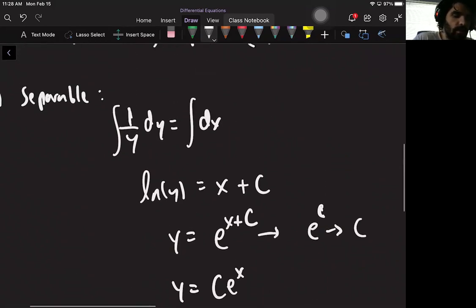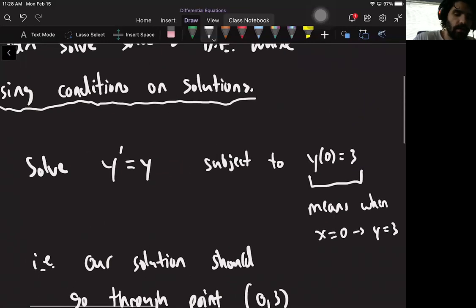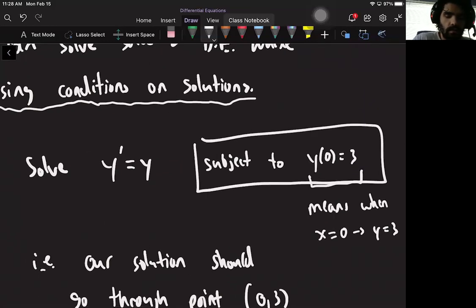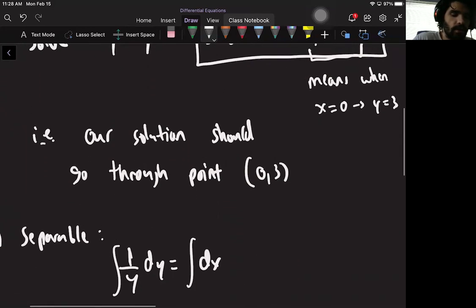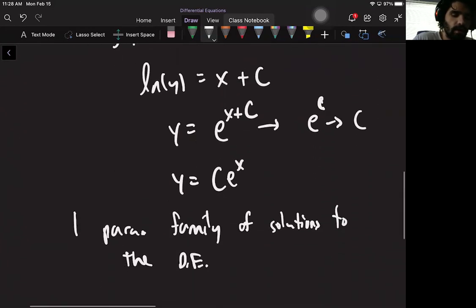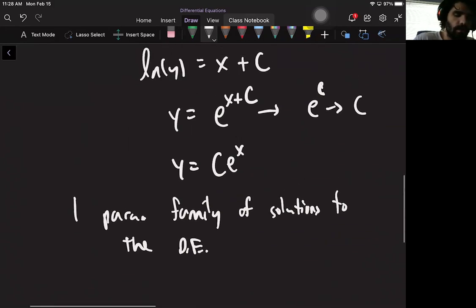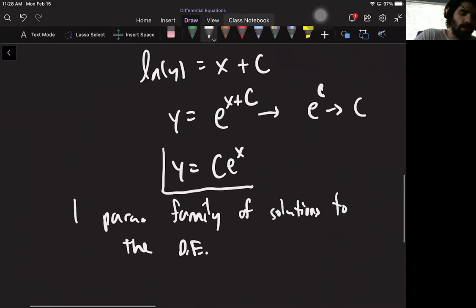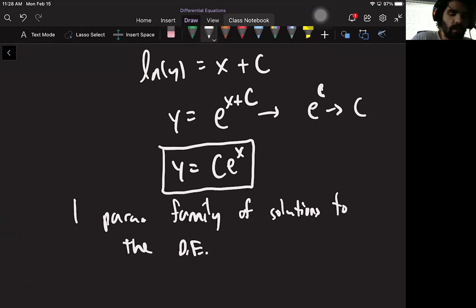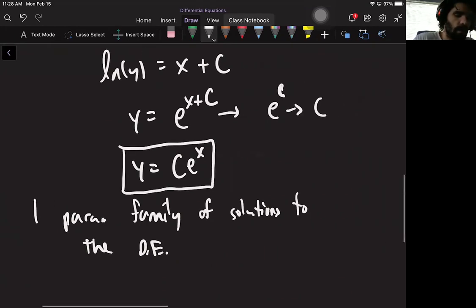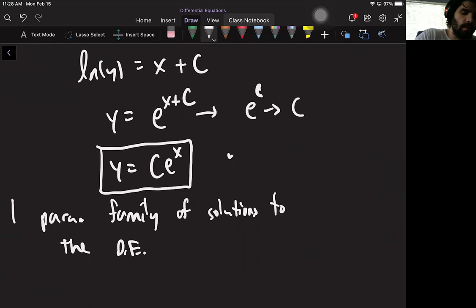But a solution to the initial value problem means I have to now take my one parameter family and make sure that it goes through the point (0, 3). So how do I do that? What does it mean for the graph of a function to go through a point? It just means that when I plug in x equals 0, y should be 3.